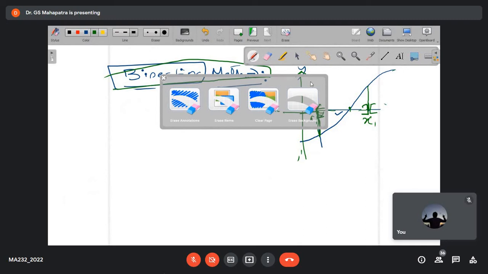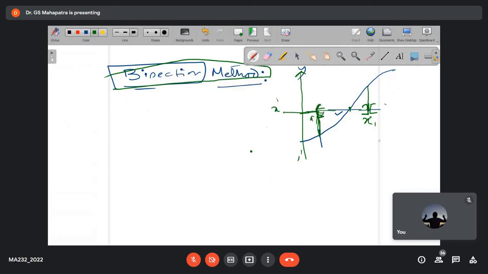Now what is this one? Just see, now the root lies between a and x1. Y equals f of x, that one. Earlier it was a comma b.